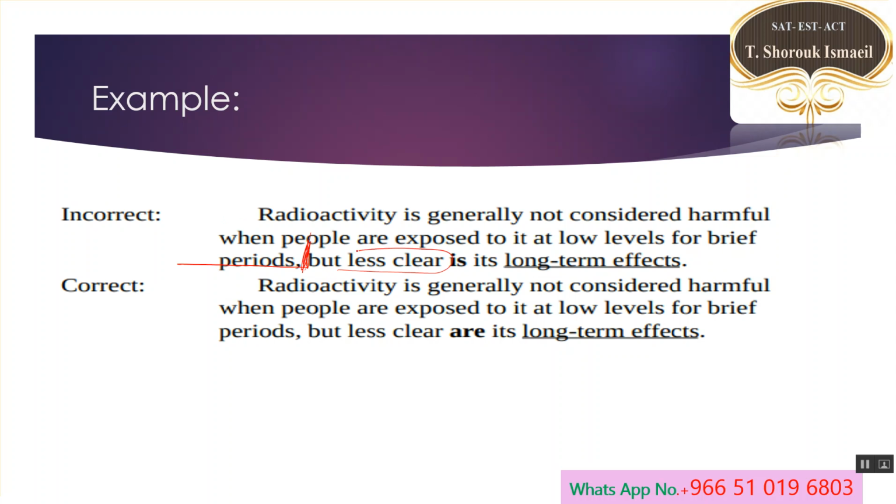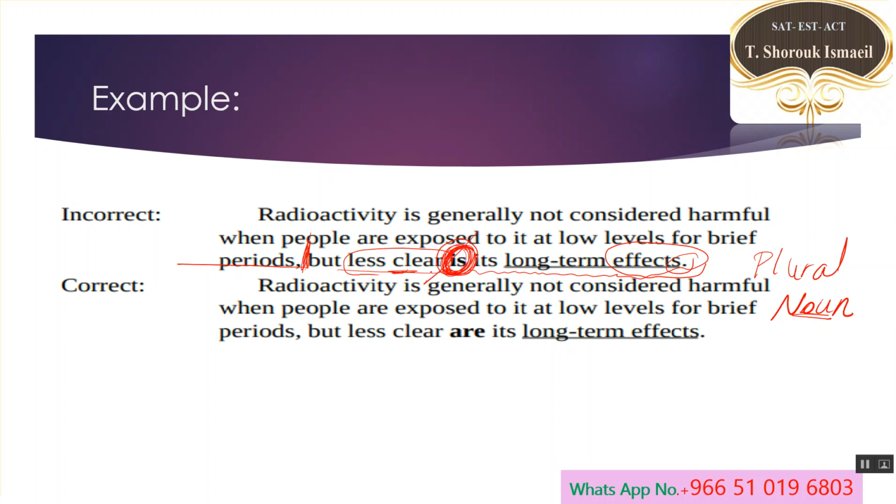Less clear is actually here as an adjective. Okay, and I can't have an adjective as a subject. Is the verb. Long term is an adjective again. Effects is a noun, and effects is a plural noun, and a plural noun needs a plural verb.